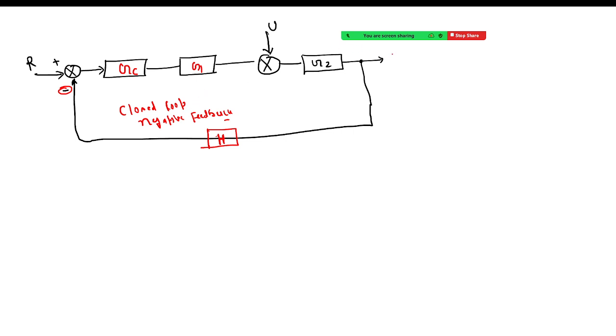So here your output will be, let's say, C, right? And your input is R. So R is called your input, C is called your output.